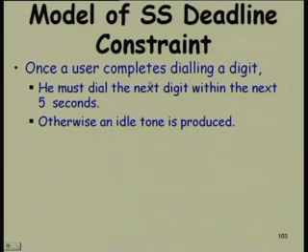The first thing we tried to model last time is a stimulus deadline constraint, the deadline existing between two stimulus events. The example from the telephone domain is that once a user completes dialing a digit, he should dial the next digit within the next 5 seconds, otherwise idle tone will be produced.